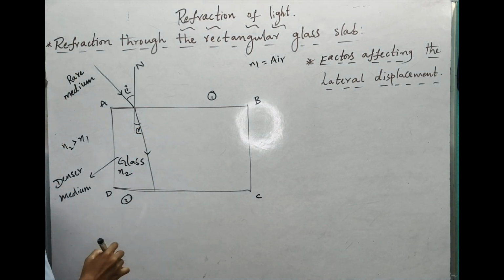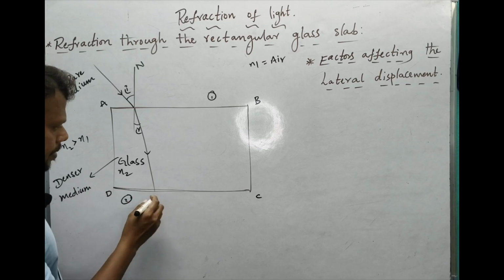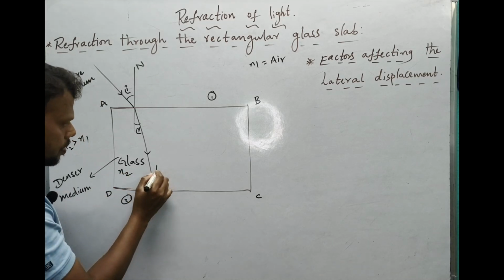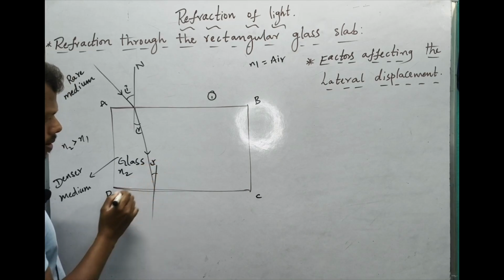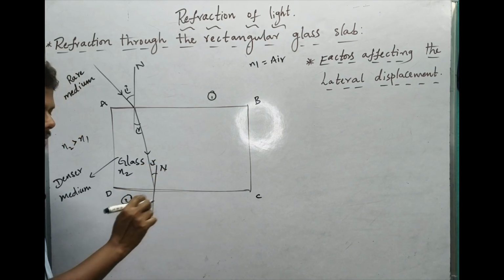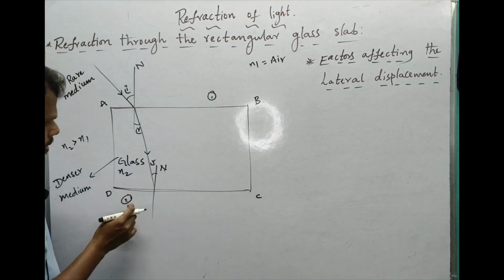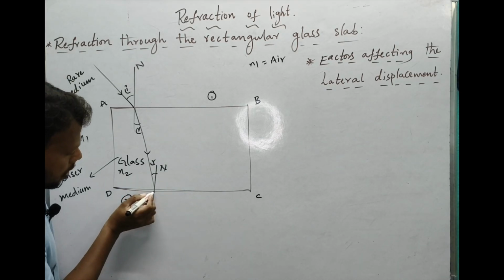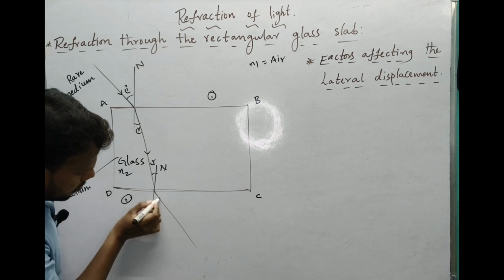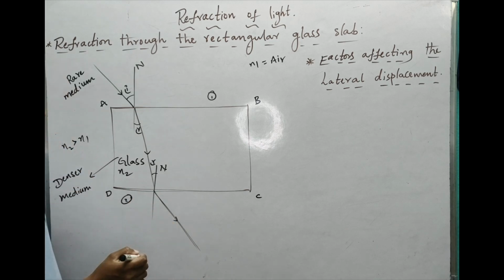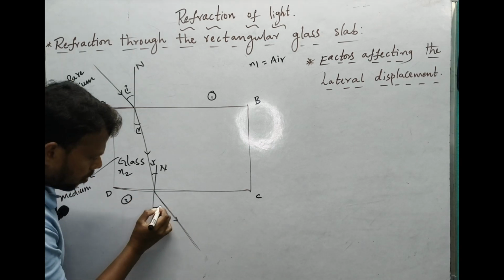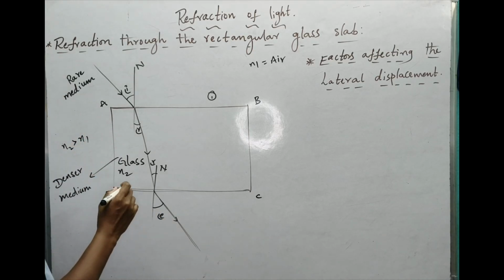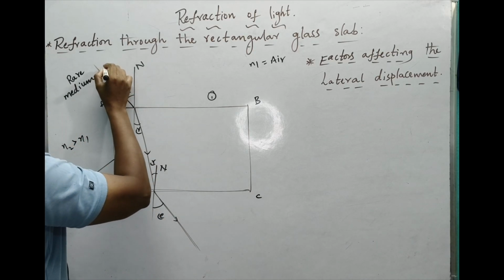Draw the normal to the DC surface. These two are opposite angles, so R. This is also the normal for the DC surface. When a ray travels from denser to rarer, the refracted ray bends away from the normal. This we can call the emergent angle. This is the emergent ray, and this is the incident ray.